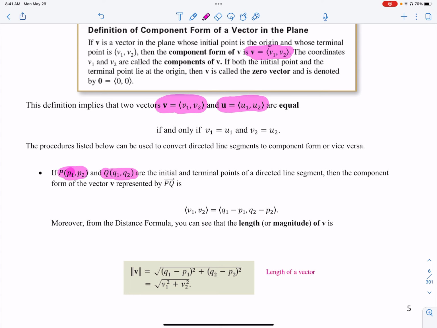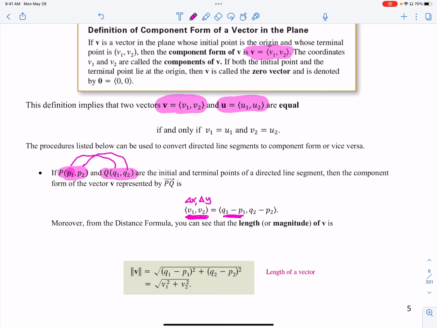Because remember, component form talks about the change of x, comma, change of y. It's describing that. So to find it, I just have to find how much the x changes. So we take q1 minus p1. That finds how much x changes. And then q2 minus p2 tells me how much y changes, putting it in component form.